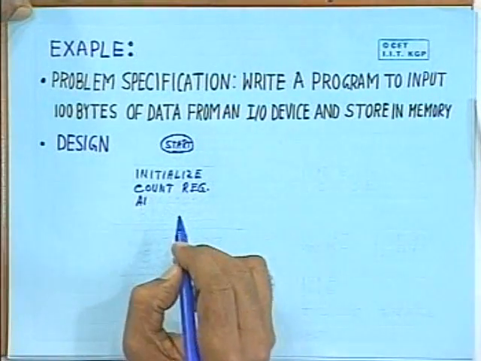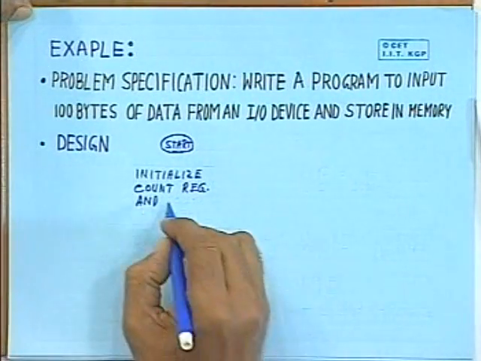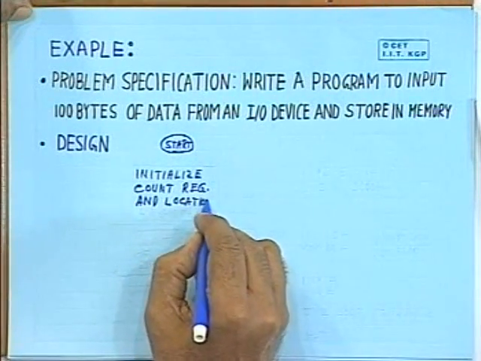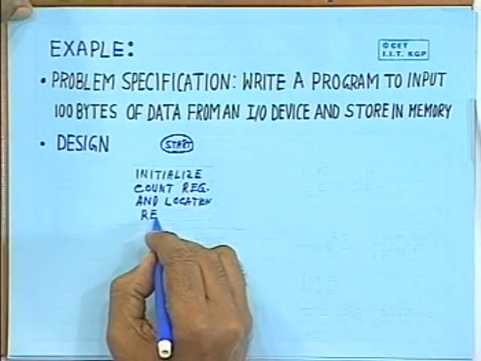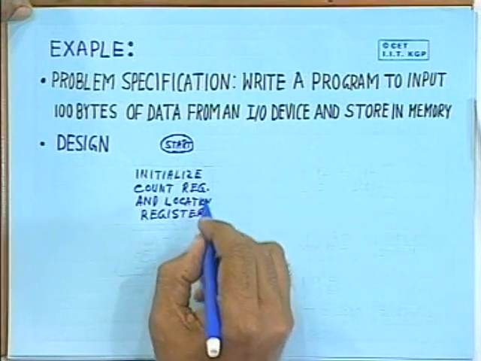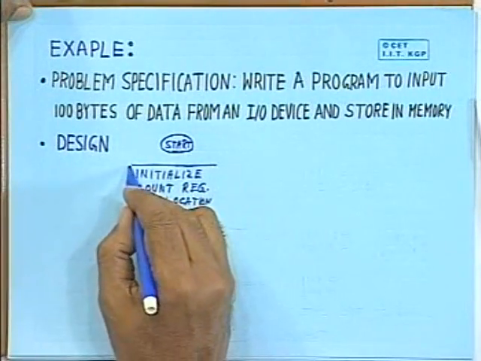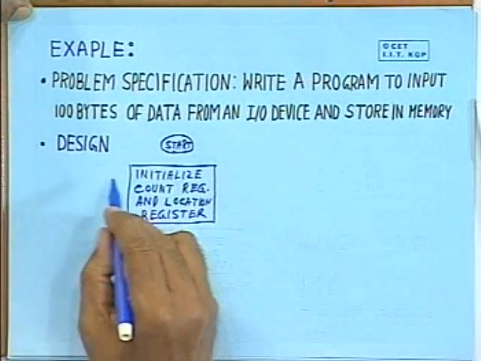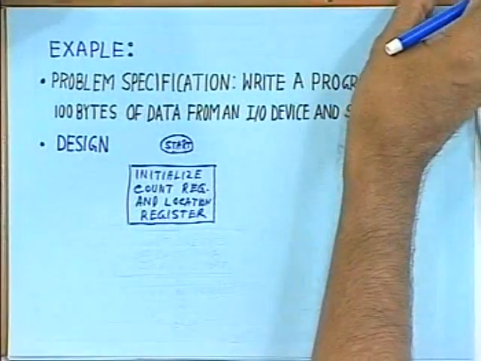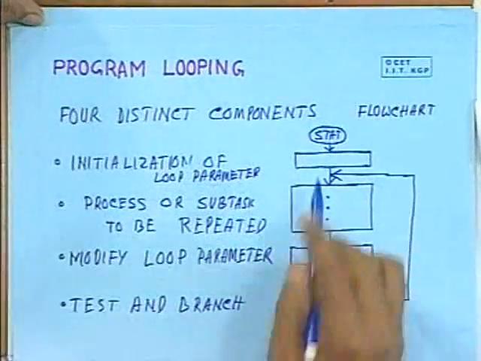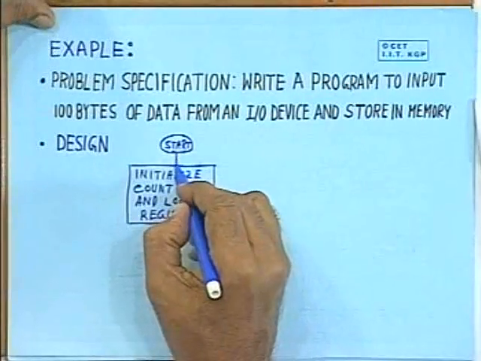So you also have to initialize a location register which will provide the information of the address where the data inputted from the IO device will be stored. So this block essentially does that initialization part which I have mentioned here. This particular block is implemented in this part of the initialization.